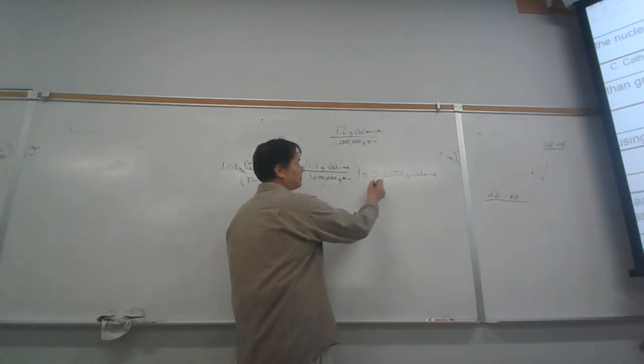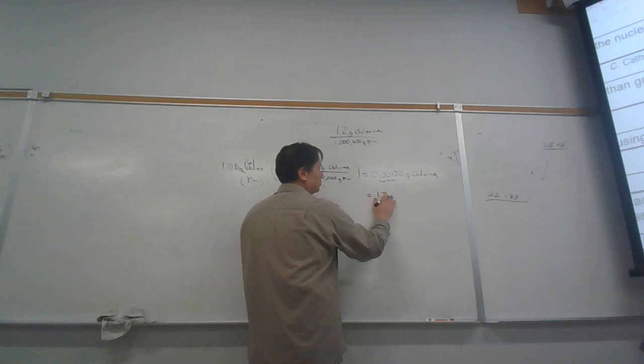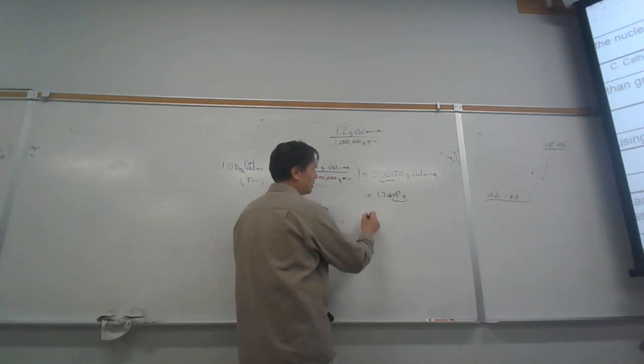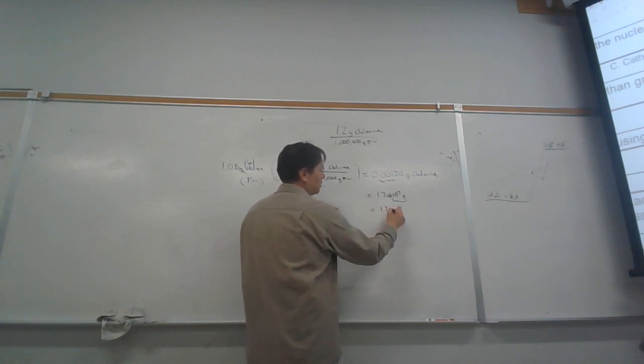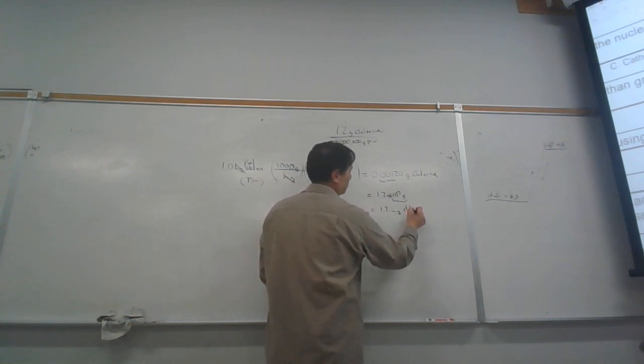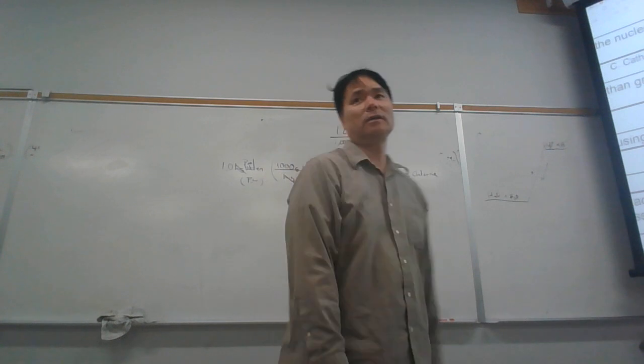If I move the decimal 3 places over, 1, 2, 3, this would be 1.2 times 10 to the minus 3 grams. 10 to the minus 3 grams is also known as a milligram, so 1.2 milligrams of chlorine. And so the correct answer is E.